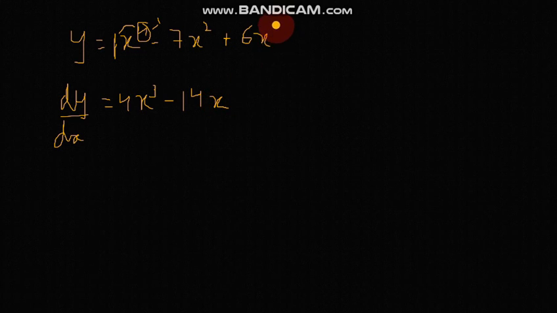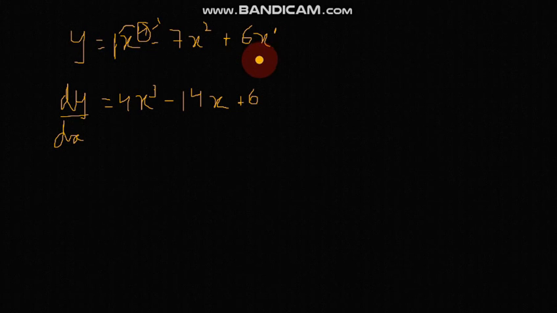And over here we know that x is with the power 1. Alright, so 1 sixes are 6, and 1 subtracted by 1 is 0. So x with power 0 is equal to 1, and 6 multiplied by 1 is 6. Alright, so this is our derivative for this equation.